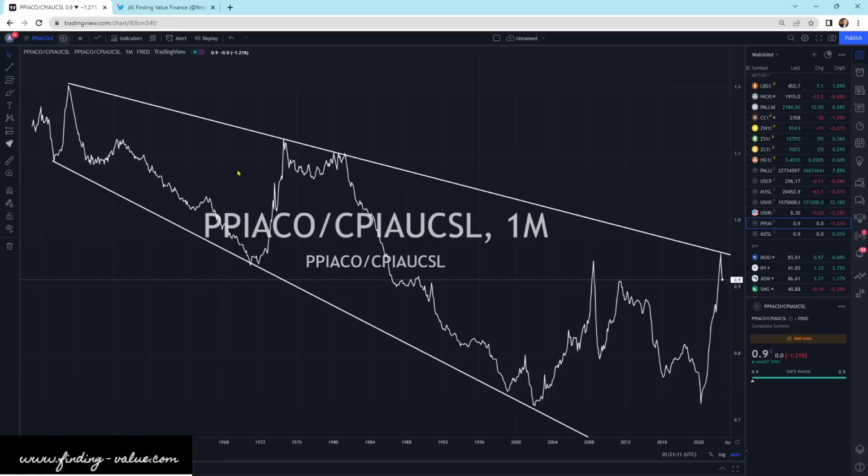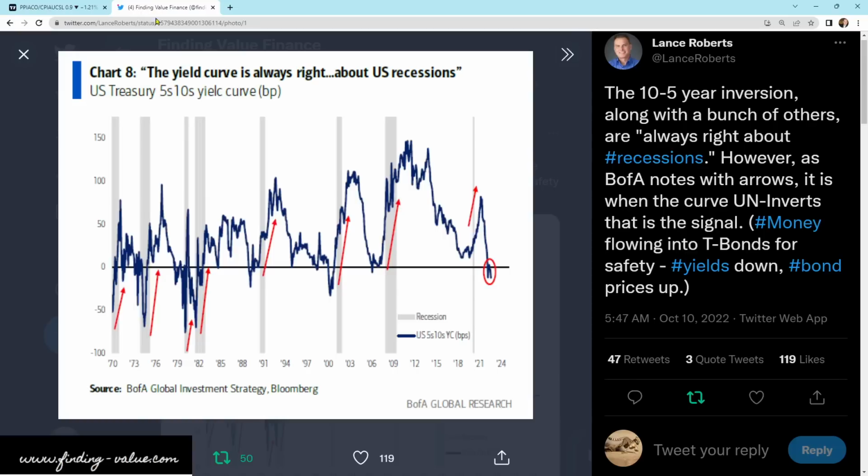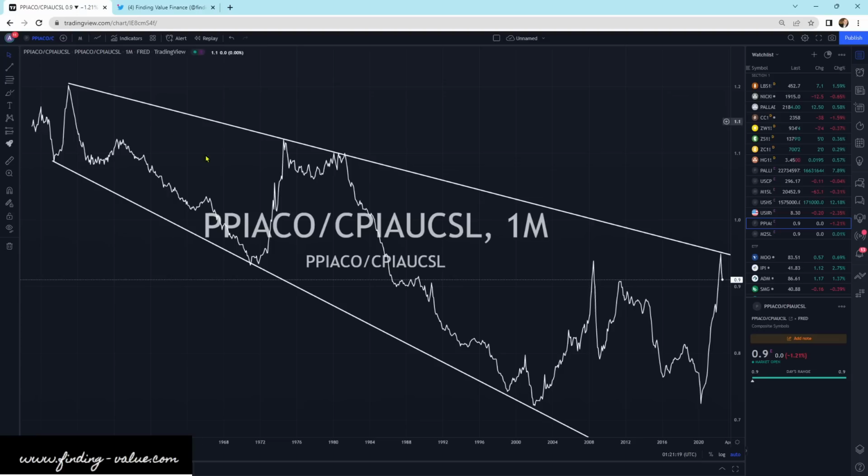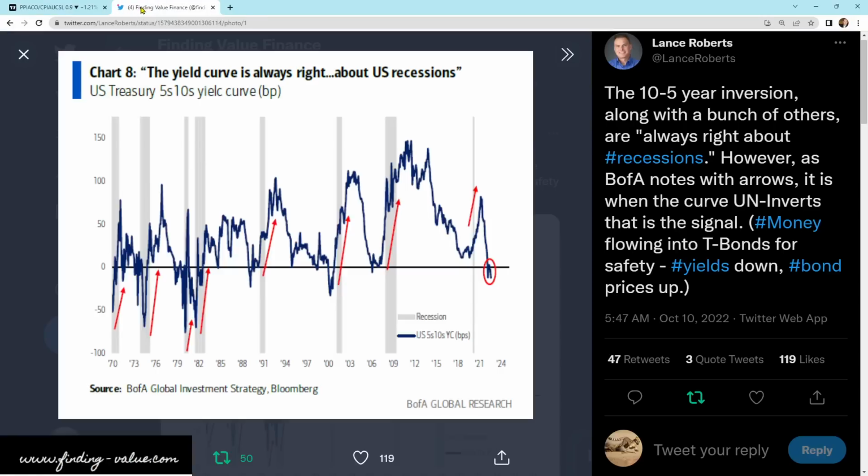So when I look at this, this is the PPI to CPI ratio. And if we were to look at some of these time frames, when this was going up from 71 to 74, we had a nice big move. 71 all the way down to 74 was this move lower.